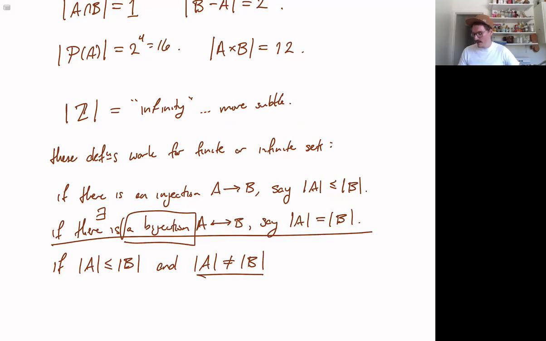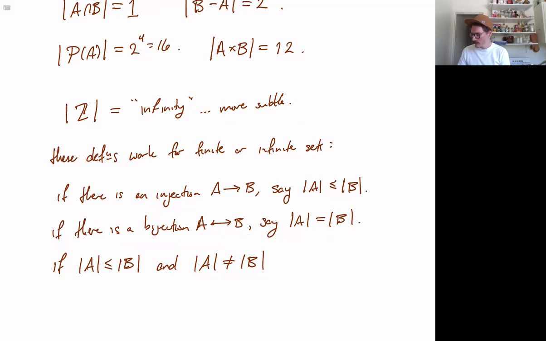There does not exist a bijection, so every map between A and B is not a bijection. Hopefully that sounds pretty clear. If the size of A is less than or equal to the size of B, and also they have different cardinalities in the sense that there is no bijection, then we say that the cardinality of A is strictly less than the cardinality of B.